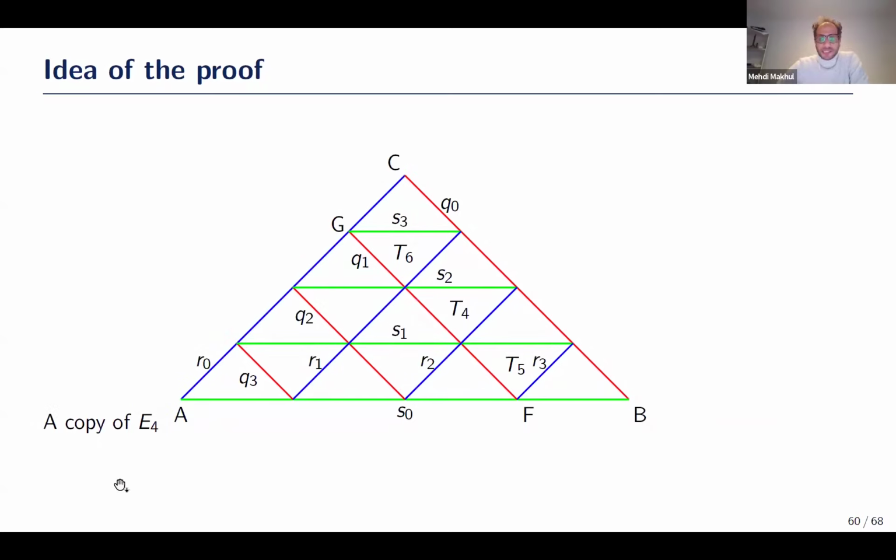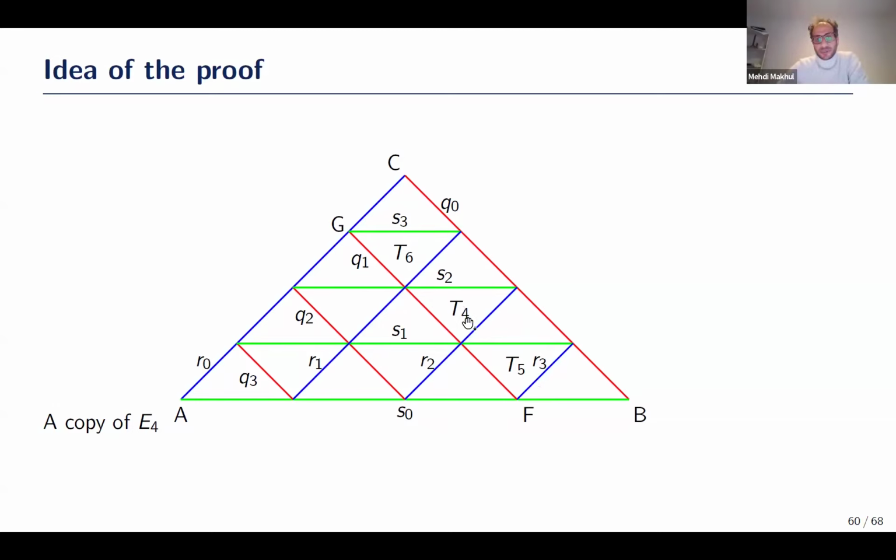Again here, if I consider AFG, then this triangle is a copy of E3, right? Therefore, we have to show that Q0, S3, R3 are also common tangent to elements in S.